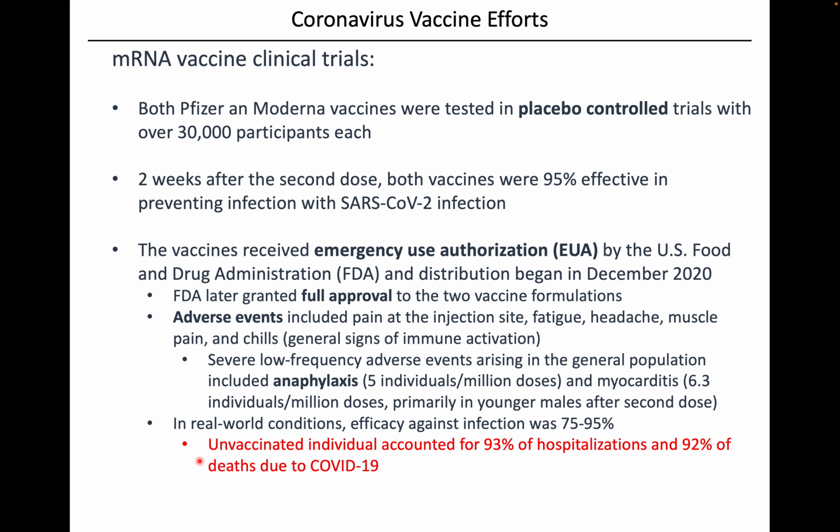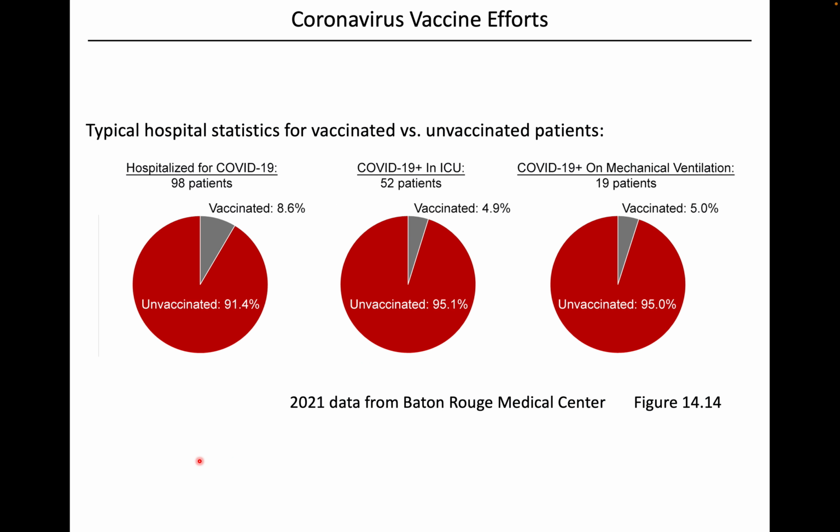And as I'm sure you know, the vast majority of hospitalizations and deaths were in unvaccinated individuals. This is 2021 data from Louisiana, Baton Rouge Medical Center. But you can see at that particular hospital, right, 91% of those hospitalized for COVID-19 were unvaccinated. 95% of those that ended up in the ICU for COVID-19 were unvaccinated.